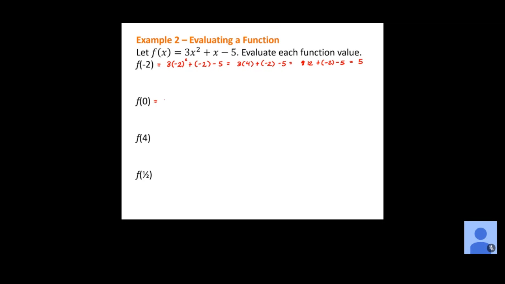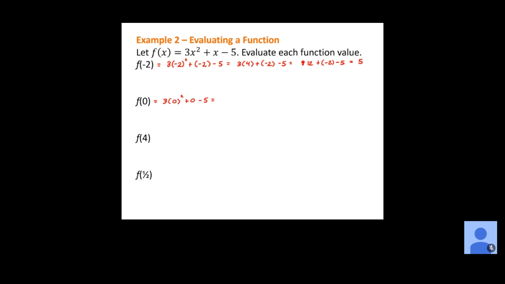All right, let's look at the next one now. So same thing, I'm substituting 0 everywhere I see an x. 3 times 0 squared plus 0 minus 5. This one you might be able to easily see what the answer is going to be just based off the fact that we're substituting 0 this time.